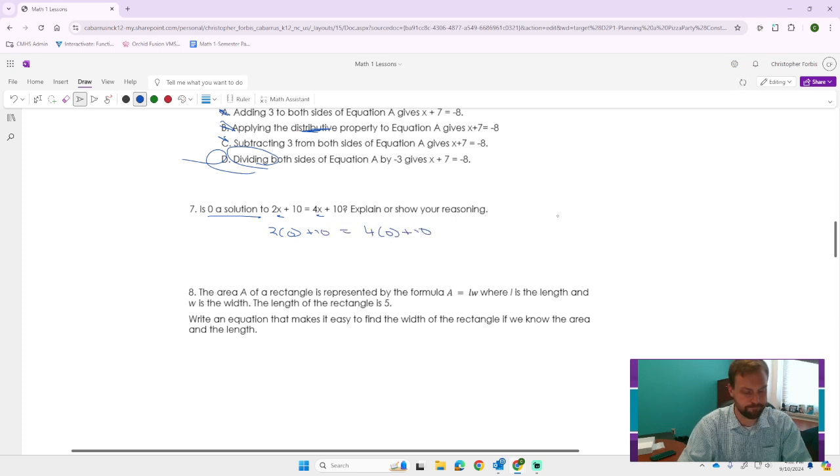Well, 2 times 0 is 0, so I'm left with 10 on this side. 4 times 0 is 0, so I'm left with 10 on this side. So 10 equals 10. That is a big old check. So yes, when I substitute 0 into the original equation, it simplifies down to 10 equals 10, so therefore it is true. All right, very cool.